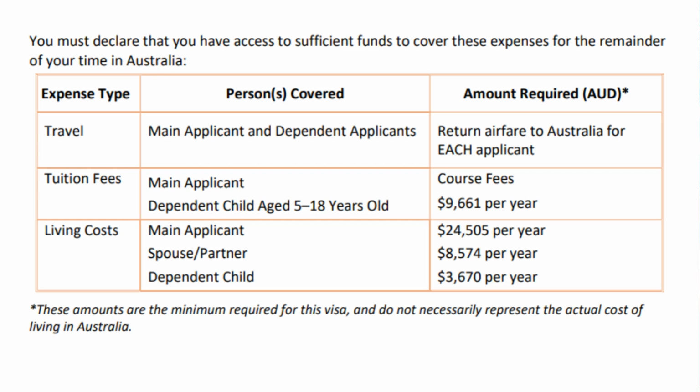You mentioned that this is for the main applicant, but what happens if they're coming with a family, maybe with a partner or with kids? So the requirement is to also provide additional funds for the living costs for the family members that come with them.